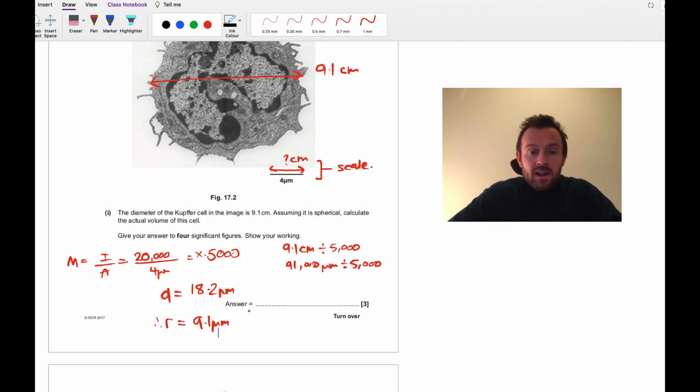micrometers. Then I have to use, and this is something you need to know, that the volume of a spherical object is 4/3 pi r cubed.